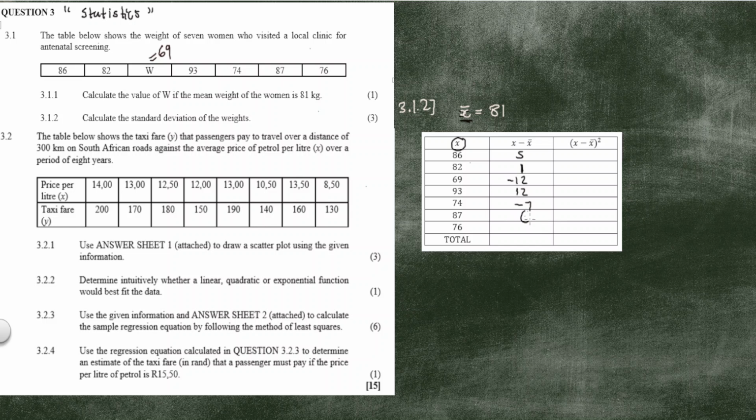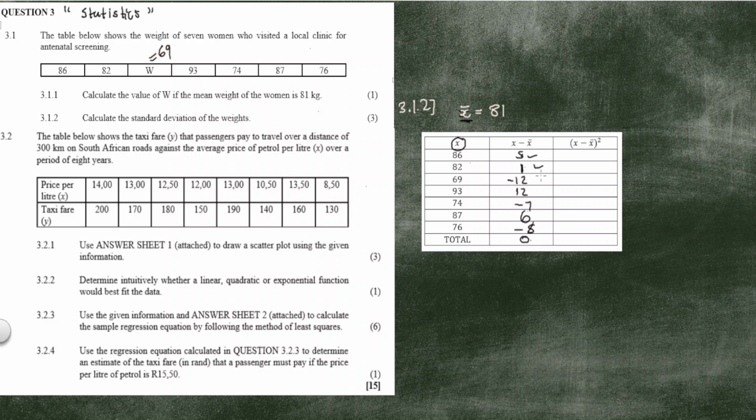The last one is minus 5. Adding everything, the 5s cancel, the 12s cancel, and the 7 cancels with the 6 and the 1, so it always adds up to 0.